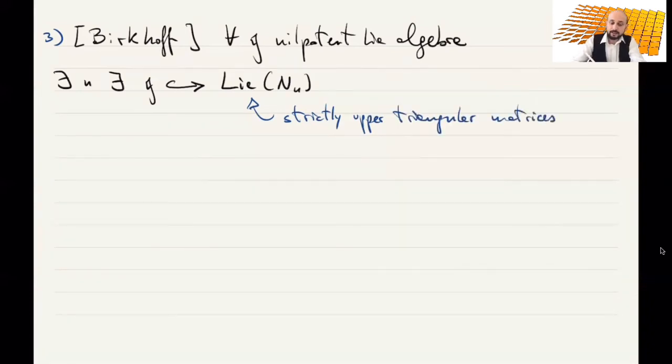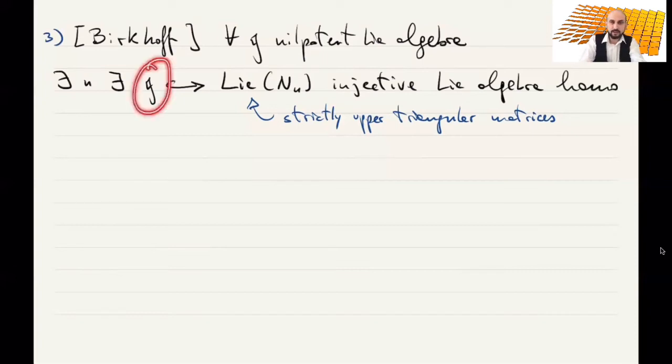This is a linear injective Lie algebra homomorphism. So in other words, this algebra can be identified with a subalgebra of this nilpotent algebra.